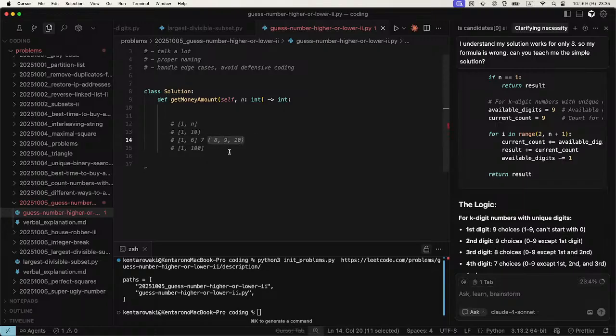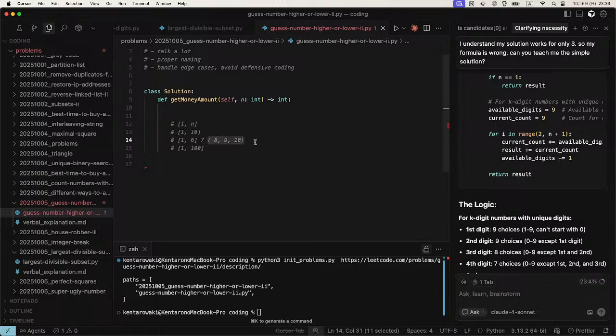And for three numbers, we can get the answer by paying for the middle number, because if it's correct, we don't have to pay any more, and if it's wrong, we can know higher or lower, so we identify the number.